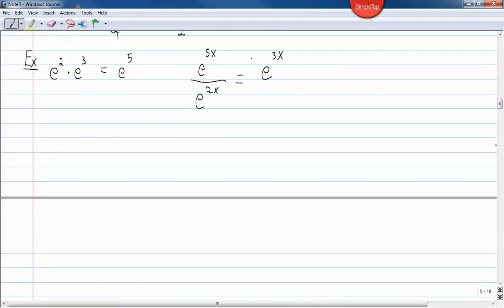Now, it is acceptable also to leave a final answer like e to the negative 2x. That's okay. But if you have e to the negative 2 with no variable, then you want to write that as 1 over e squared. So that does matter. Where if it's with a variable, it's just so common that we could just leave that as e to the negative 2x. It's kind of strange, but that's just the way we do it.